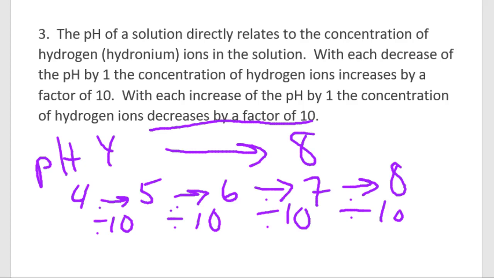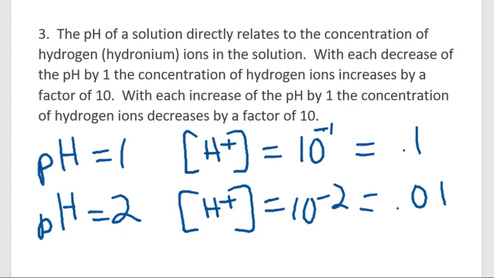One other way we can look at this would be the following. When I have a whole pH number, just like the pH of 1, that would be equal to a hydrogen ion concentration of 10 to the minus 1, which is 0.1. For pH of 2, my hydrogen ion concentration is 10 to the minus 2, which is 0.01.